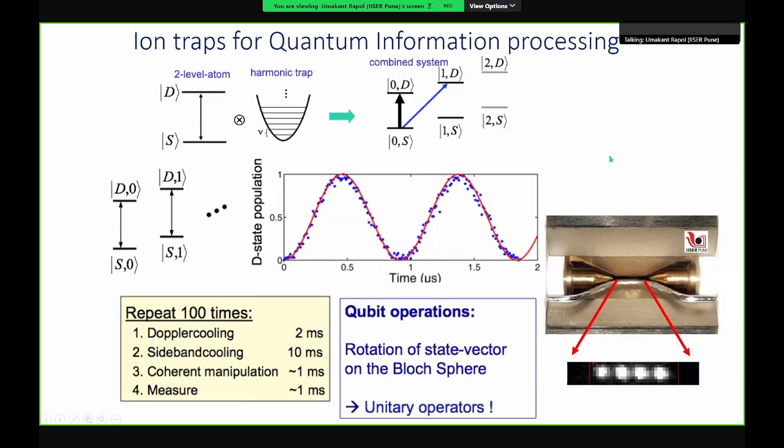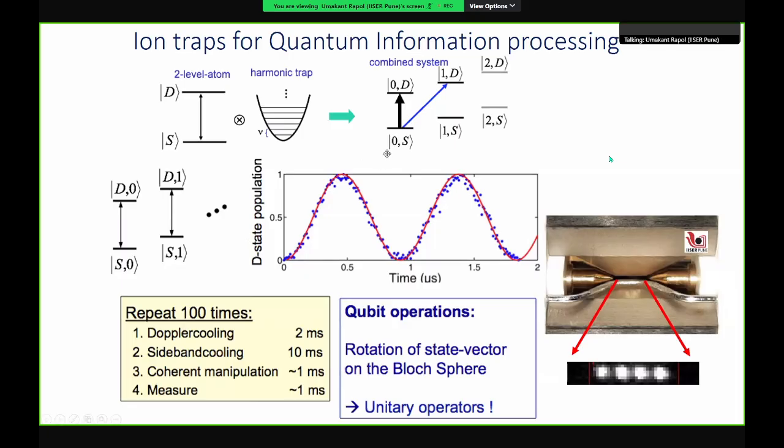And if I apply this pulse for about a microsecond, then I go from one pole to the other pole and back to the same pole. However, I'll pick up a phase of pi when you do a rotation on a Bloch sphere. Depending upon how much solid angle you cover on the Bloch sphere, you pick up that much phase.